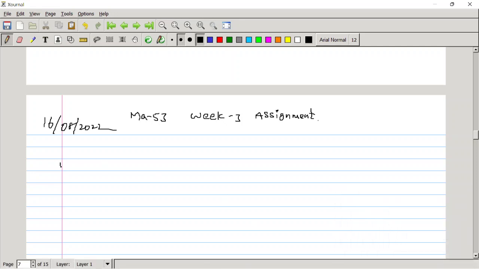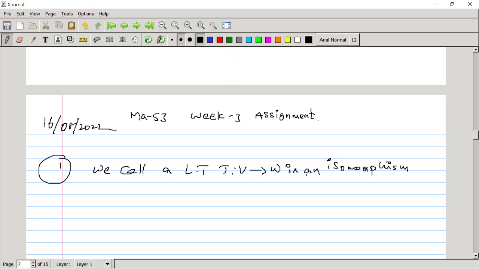We call a linear transformation T from a vector space V to W an isomorphism if and only if T is both one to one and onto.